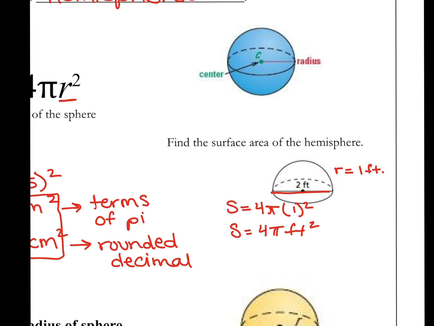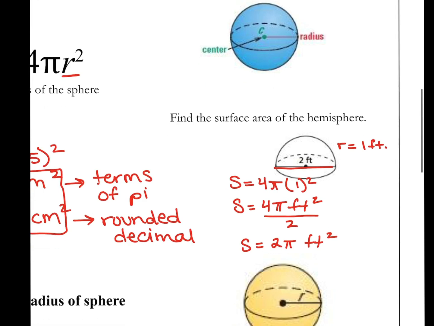We only want the hemisphere, which is half of that sphere. So we need to divide this surface area by 2. So this hemisphere has a surface area of 2 pi. And the units would be feet squared.